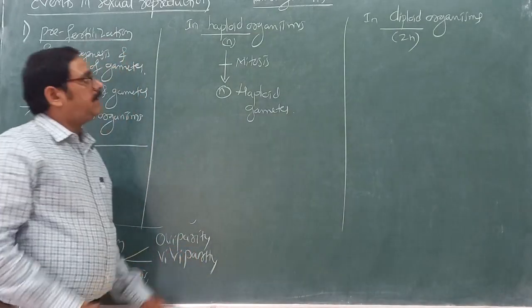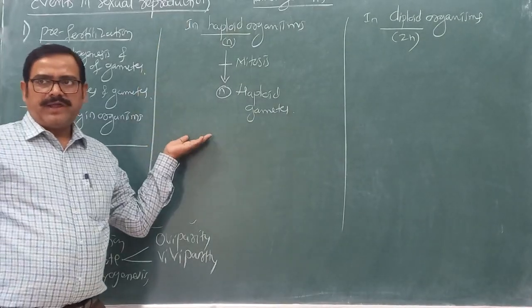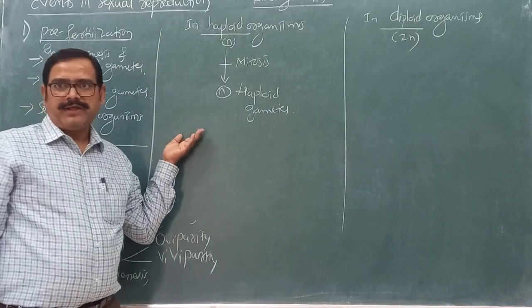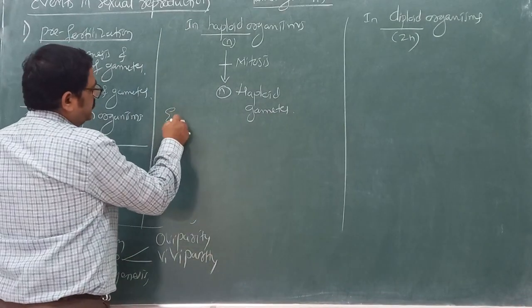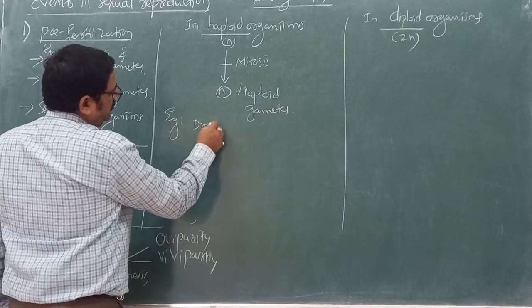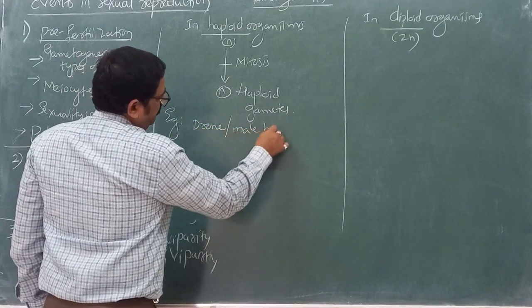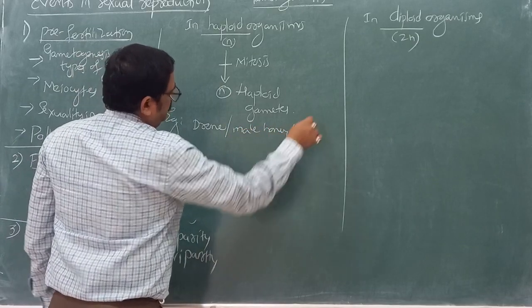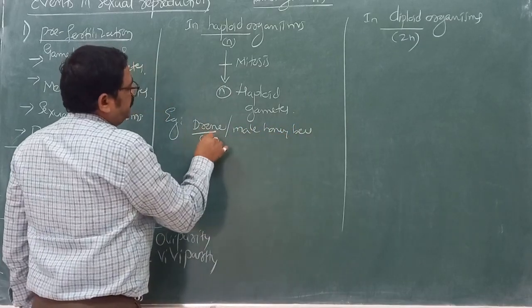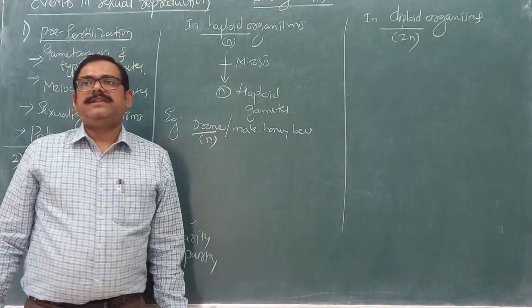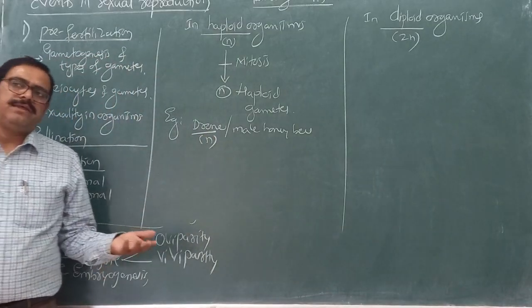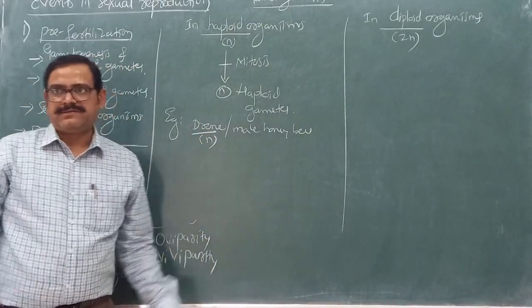Mainly, the organism is haploid and still it is producing haploid gametes. The best example is the drone, the male honeybee. By birth they are haploid only, and they produce sperm that is haploid by mitosis.